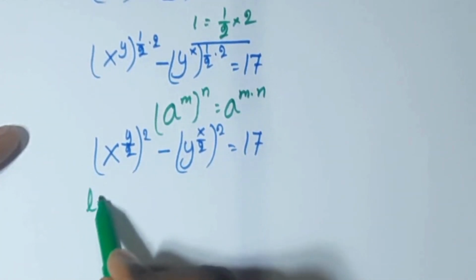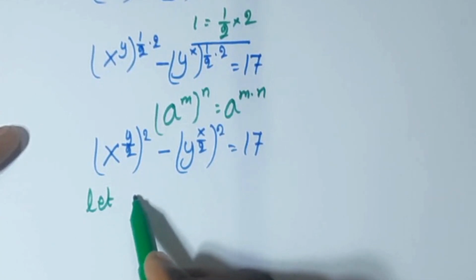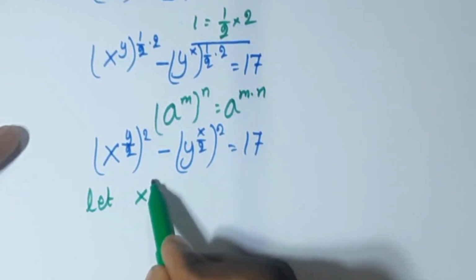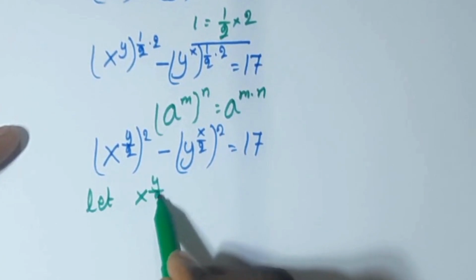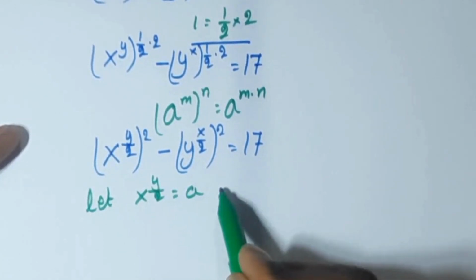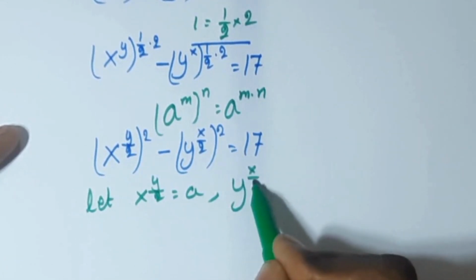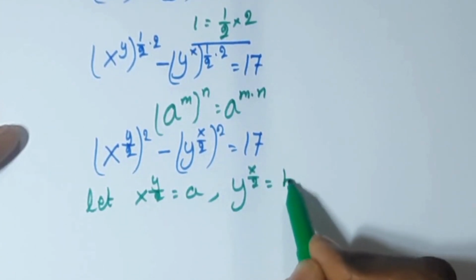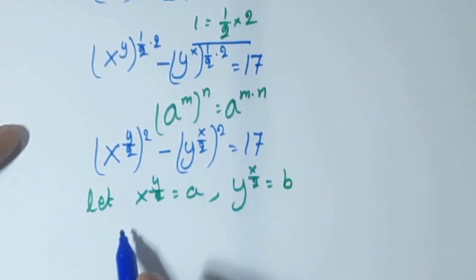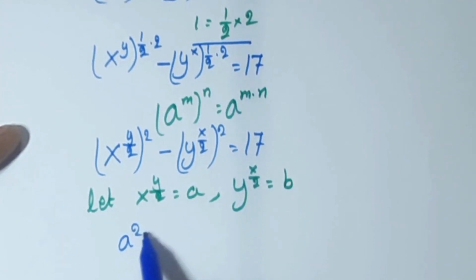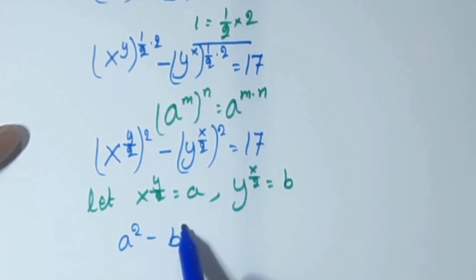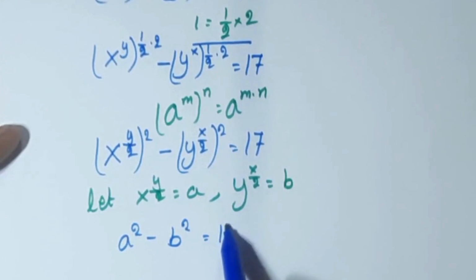Let us consider x to the power of y by 2 equal to a, y to the power of x by 2 equal to b. We are applying this here. Now a square minus b square equal to 17.